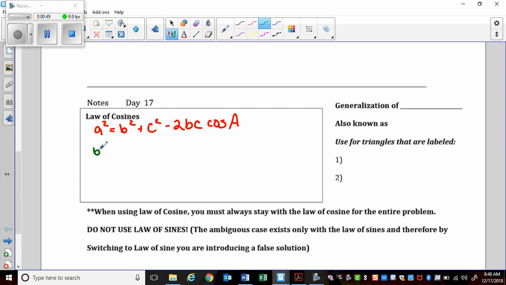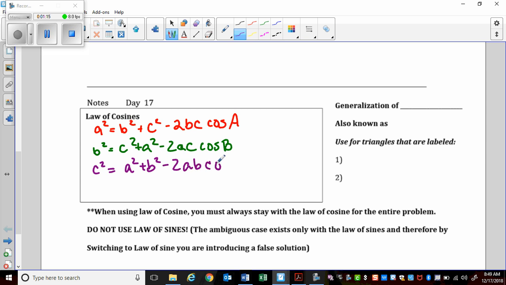B squared equals c squared plus a squared minus 2ac cosine of beta, or B. We can also have c squared equals a squared plus b squared minus 2ab cosine of C.